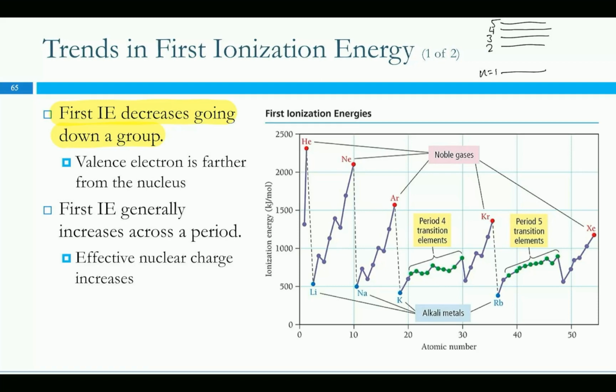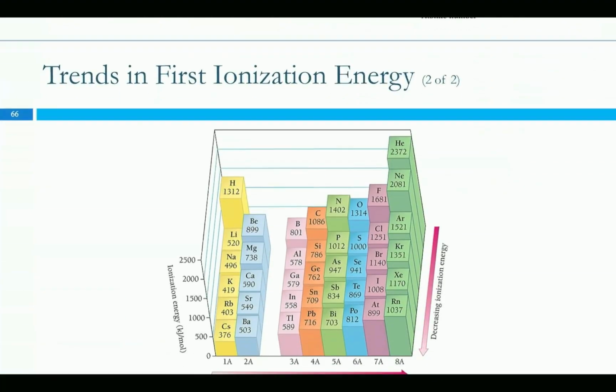And then as you go across from left to right, the ionization energy generally increases. That's because effective nuclear charge increases. I'm adding more protons to the nucleus, but not adding a significant amount of shielding by adding more electrons. This is very similar to the reason that atoms get smaller. It's related to size.